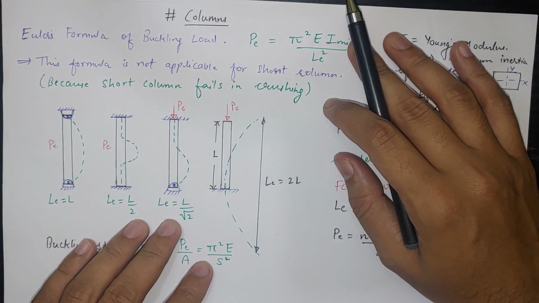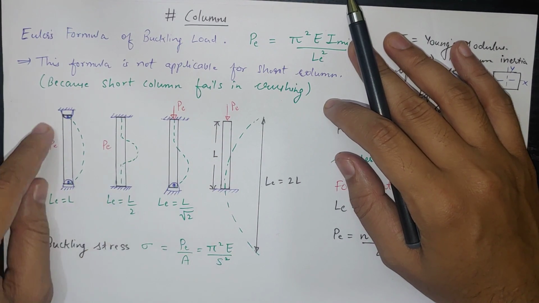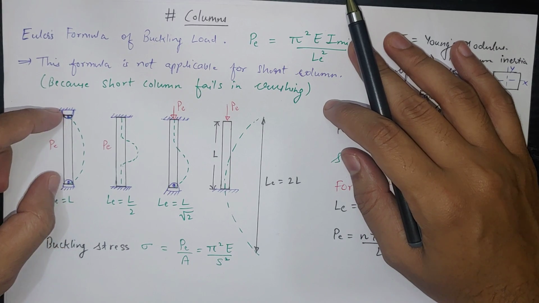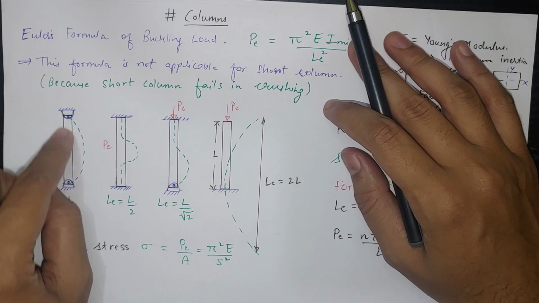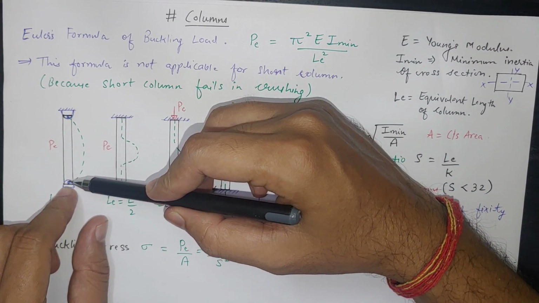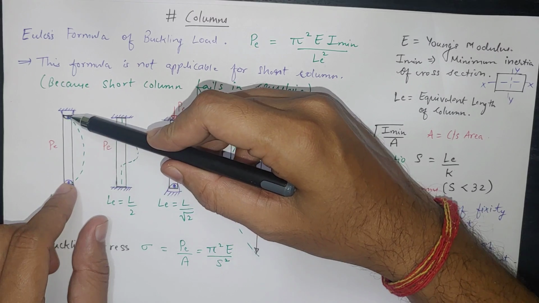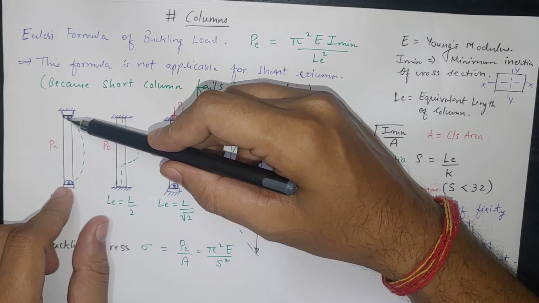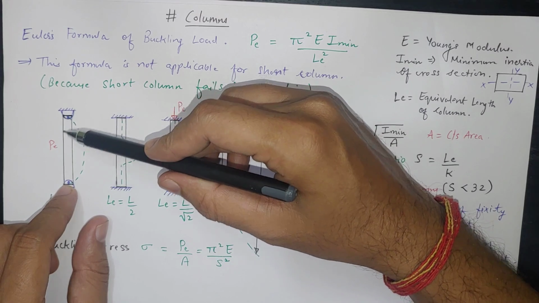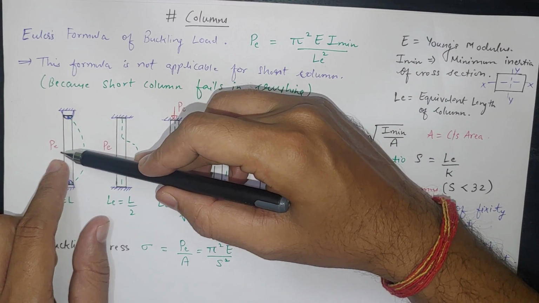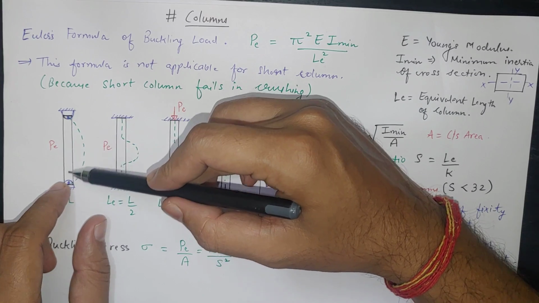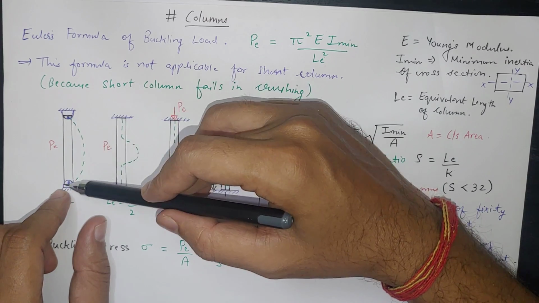In the first case, both ends are hinged and there is a buckling load in this column, so it will buckle like this, because the moment is allowed in both directions, meaning there is no resistance in the moment direction. This load can be generated by thermal expansion. If we increase the temperature of this beam, it will have a buckling load inside it.